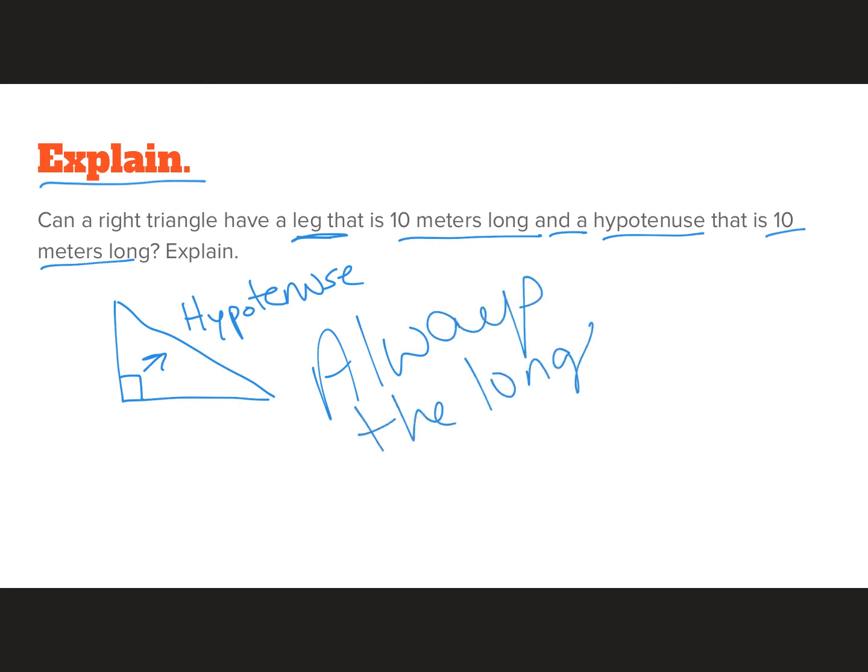It cannot be the same length as one of the other sides. So the answer is no, because the hypotenuse is always the longest side. Because the longest side is always across from the greatest angle. And 90 must be the greatest angle.